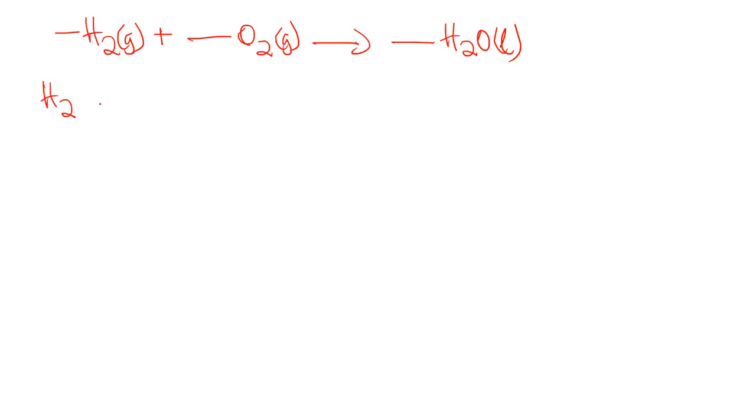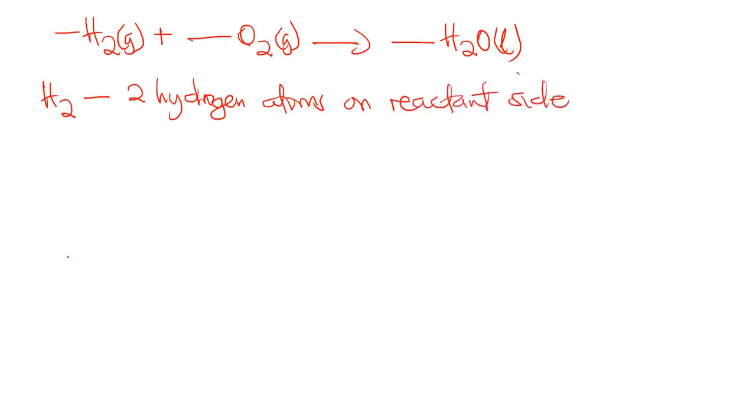So I have 2 hydrogen atoms on reactant side. I also have 2 hydrogen atoms on product side. So for now, I will leave hydrogen the way it is because the hydrogens are balanced.